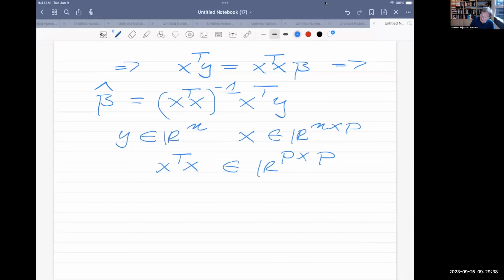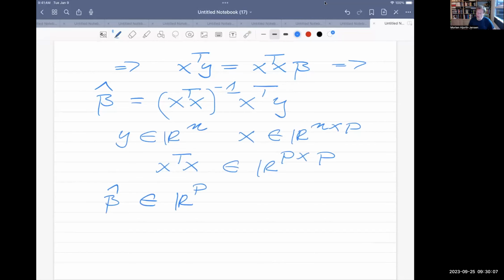And this is multiplied with a matrix which has dimensionality p times n, multiplied with a vector of length n. When I multiply a matrix of dimensionality p times n with a vector of dimensionality n, that gives me a new vector of dimensionality p. So we see that the dimensionalities agree. Then beta is a vector of length p, as we started with.